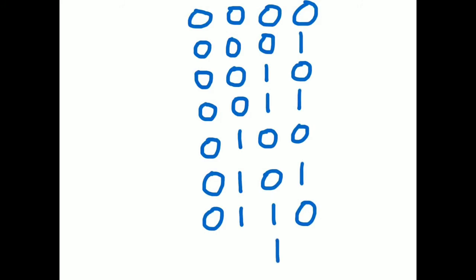So the next thing would be a 1 here, following that pattern. And of course, in the 1's place, since it goes 0, 1, 0, the next thing would be a 1 here too. Then in the 4's place, there's 4 zeros, 4 1s, 4 zeros, 4 1s, and so on. So we know the next thing is going to be a 1. And in the 8's place, it's going to be 8 zeros, and then 8 1s, then 8 zeros, and 8 1s, and so on.